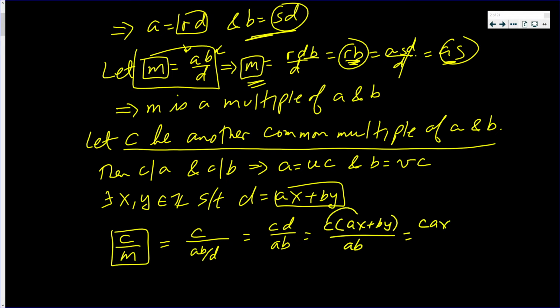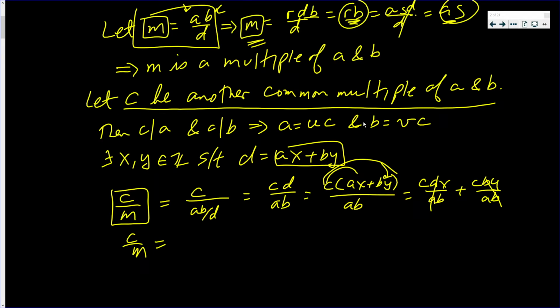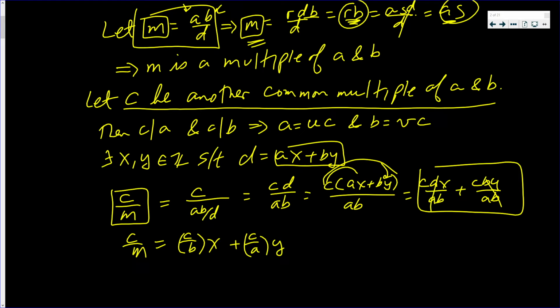I get CAX over AB plus CBY over AB. Here the A's cancel, and here the B's cancel. So C over M is C over B times X plus C over A times Y.